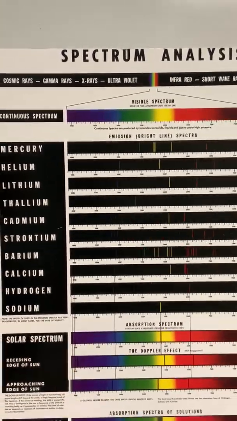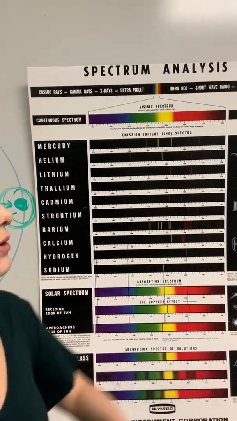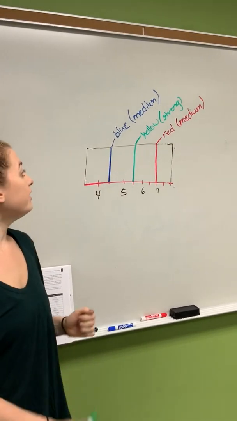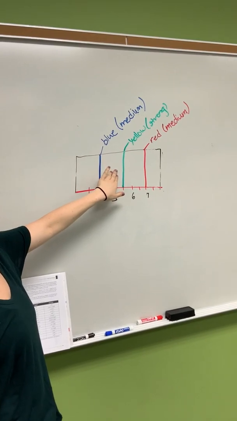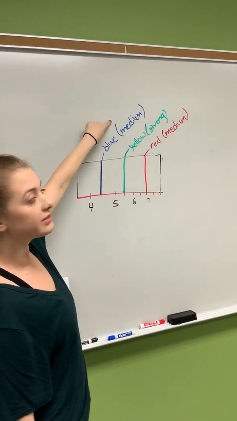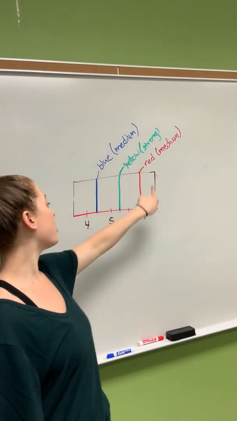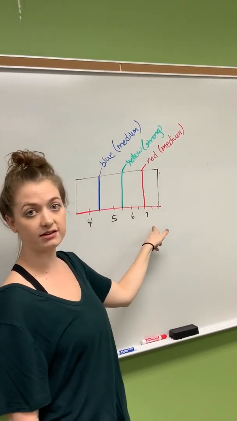When we are using the spectroscope, they're a little bit harder to actually see. So when we were looking through it, this is what we were seeing. Now, we didn't have all the colors for the markers to make this super accurate, but you can see here, she saw blue that was medium at about 4.5. She saw yellow that was strong at about 5.5, and she saw red that was medium at about 7.